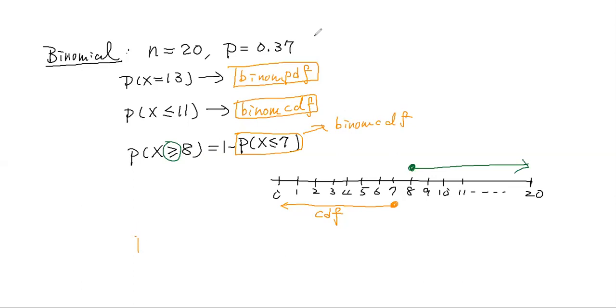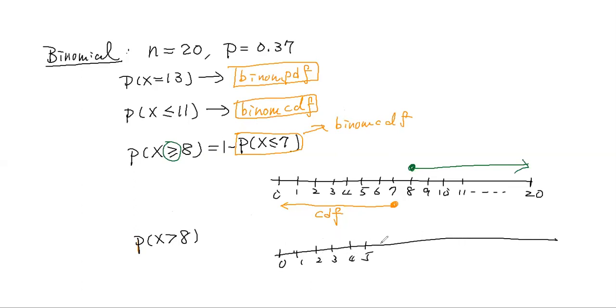Okay, one more example, so you will see the differences here. It depends on what your problem asks you. If your problem asks for greater than 8, how do I think about it? This is 0, 1, 2, 3, 4, 5, 6, 7, 8, 9, 10, to 20.